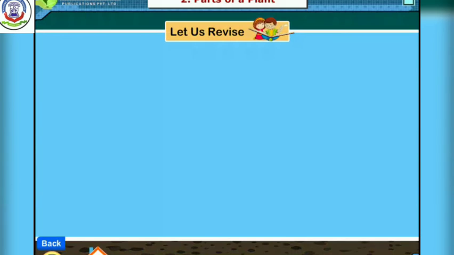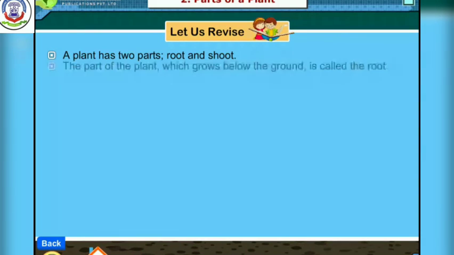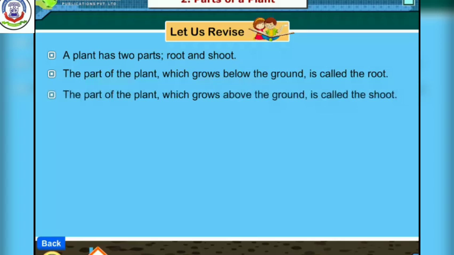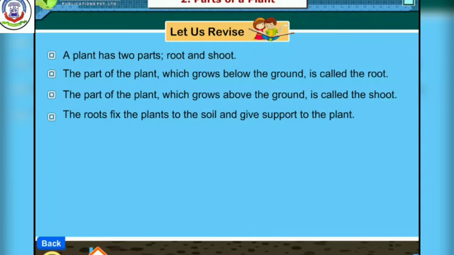Let us revise. A plant has two parts, root and shoot. The part of the plant which grows below the ground is called the root. The part of the plant which grows above the ground is called the shoot. The roots fix the plants to the soil and give support to the plant.